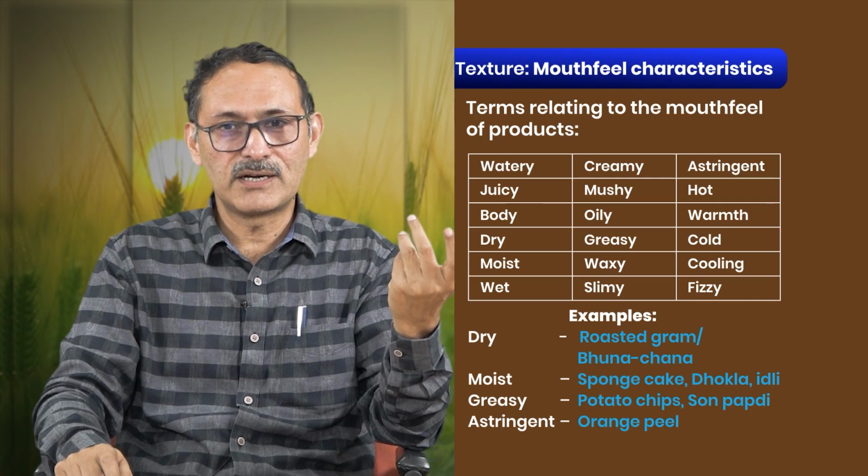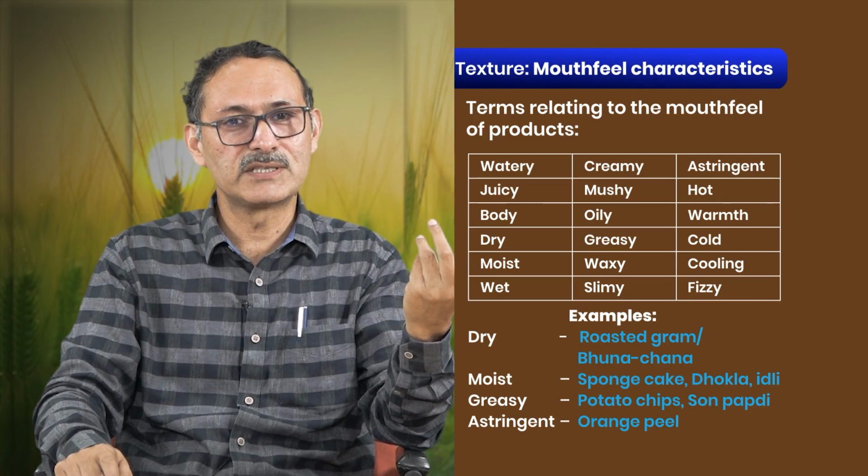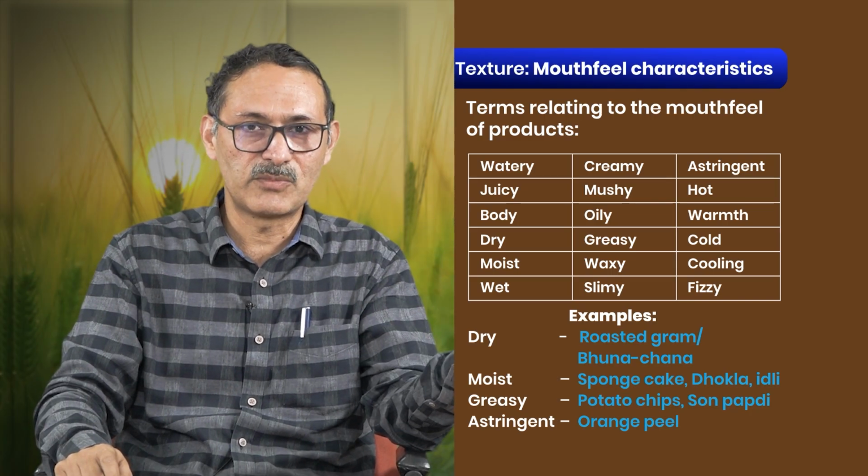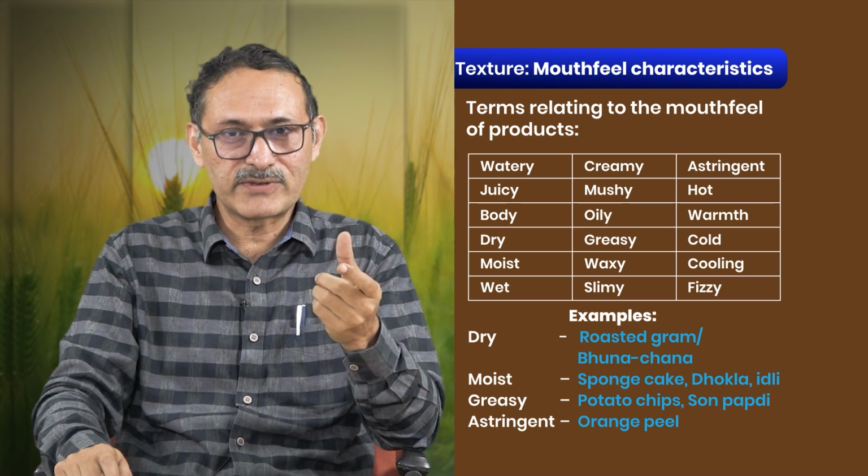While when you take the dhokla, you feel your mouth is full of water. Means there's water, so it's a moist feel. In some sweets, where too much ghee or butter oil is there, they can give a feel of a greasy product. There could be astringency, for example in marmalade, where you have added orange peels. So they may cause a mouthfeel of astringency.